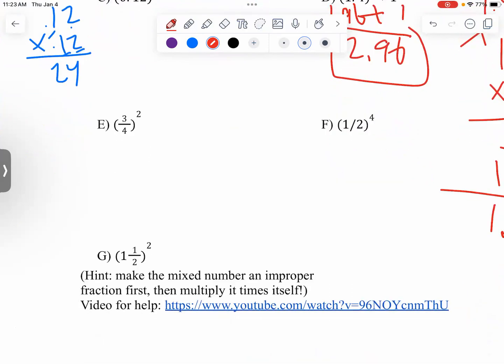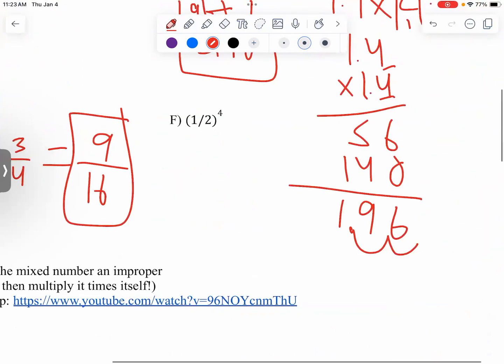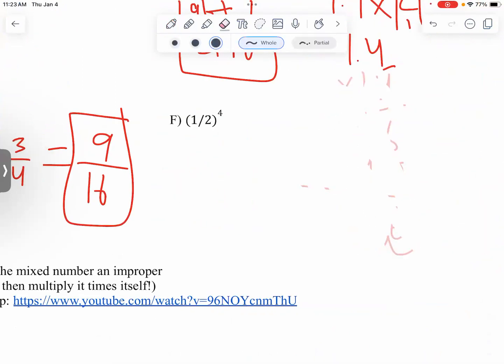Okay, now to the fraction part. We have 3/4 squared, so that means 3/4 times 3/4. Fraction multiplying rules, top times top, bottom times bottom. That's it. Boom. All right. There was nothing to simplify, and it was not an improper fraction, so we're good.